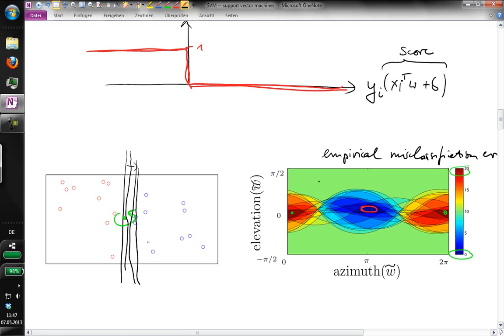And the moment when I misclassify a sample from the blue class, so I was starting here, somewhere at the optimum, and if I'm now, let's say, translating my decision boundary, this corresponds to a motion vector in this plot here. And the moment that I'm making my first misclassification, this is the moment when I'm making the first transition here from 0 error to an error of +1, and so on.